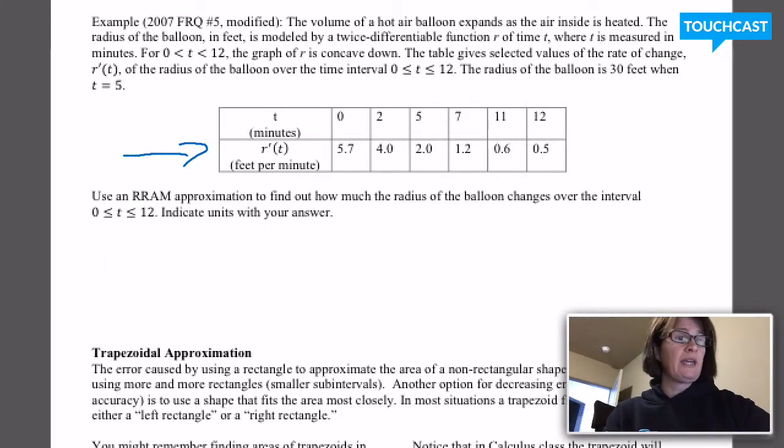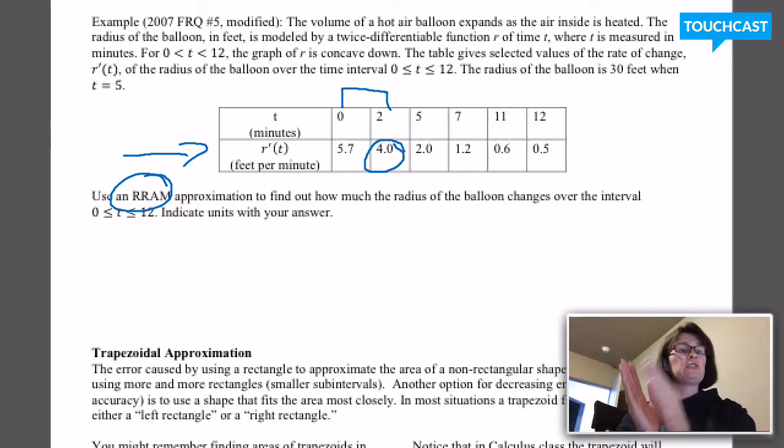I'm going to use what's in the table to help me figure out how much R has changed. So over the first 2 minutes, I've been asked to use RRAM, so I'm going to use the data from the right-hand end of that interval. So 0 to 2 is the interval that the first rectangle is going to cover. The right-hand endpoint of 0 to 2 is 2. So I'm going to use the R prime value when time is 2.